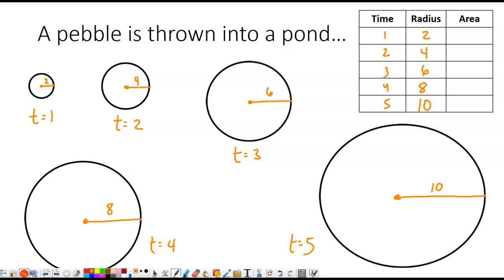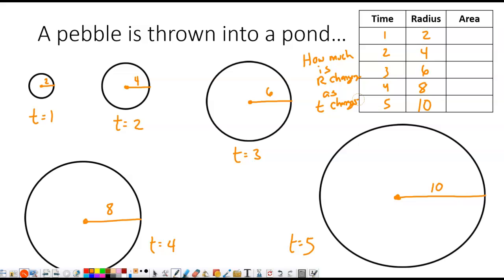Okay? Now, if I were to ask you guys how fast or how much is R changing as T changes? Okay, how much is R changing as T changes?